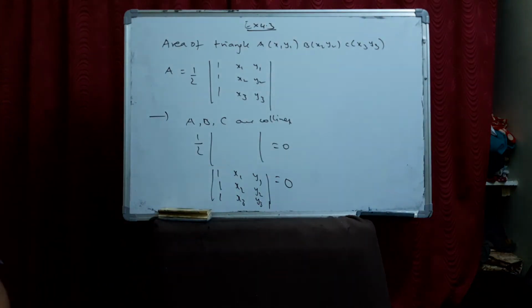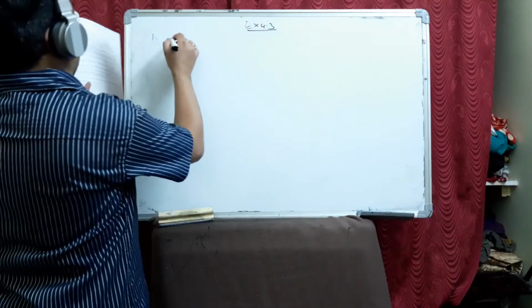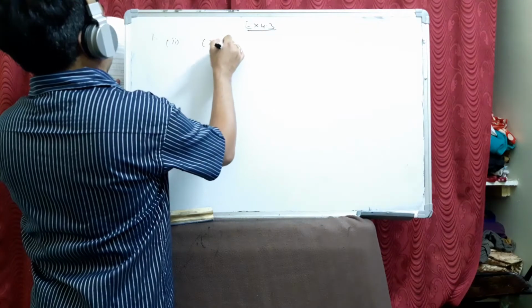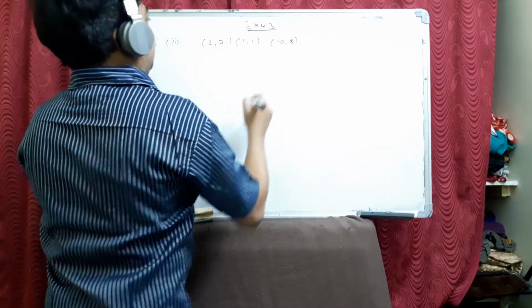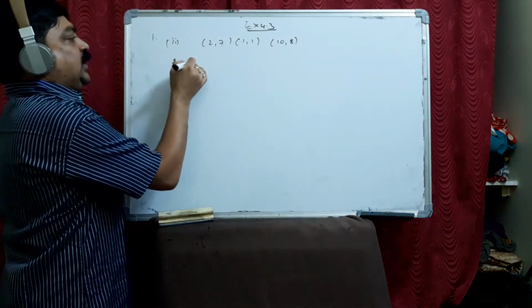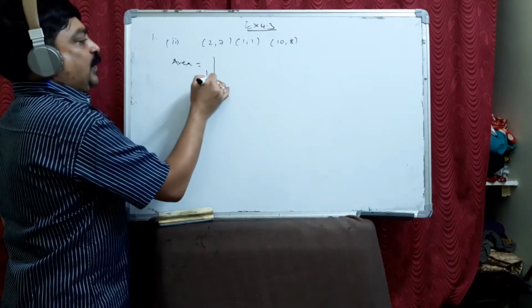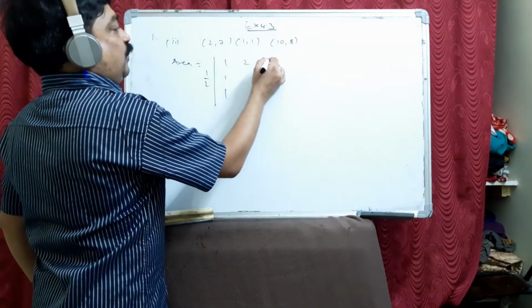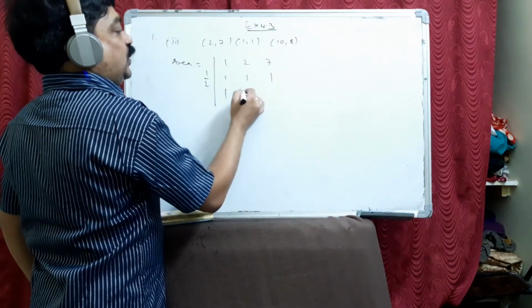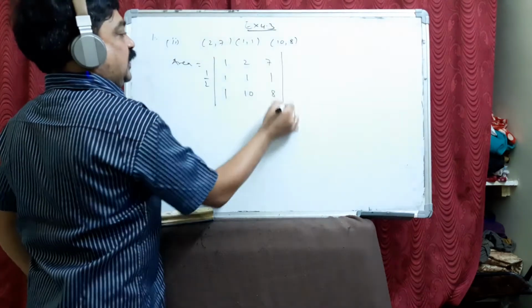Let us do the problems of exercise 4.3. In the first, I will do the second problem, because all are similar and very simple. So we need the area of a triangle. I told you, write 1 by 2 outside, then 1, 1, 1, x1, y1, x2, y2, x3, y3.